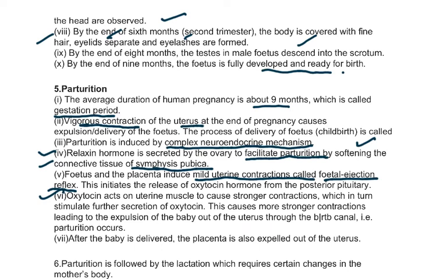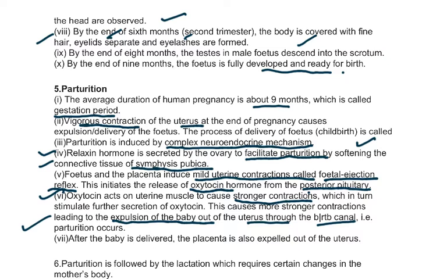As soon as this mild contraction is initiated, the hormone oxytocin increases from the posterior lobe of the pituitary gland, which causes stronger contraction, starting from the fundus region of the uterine cavity towards the cervix region. As this contraction increases, the baby is expelled out from the uterus through the birth canal, and this process is known as parturition.